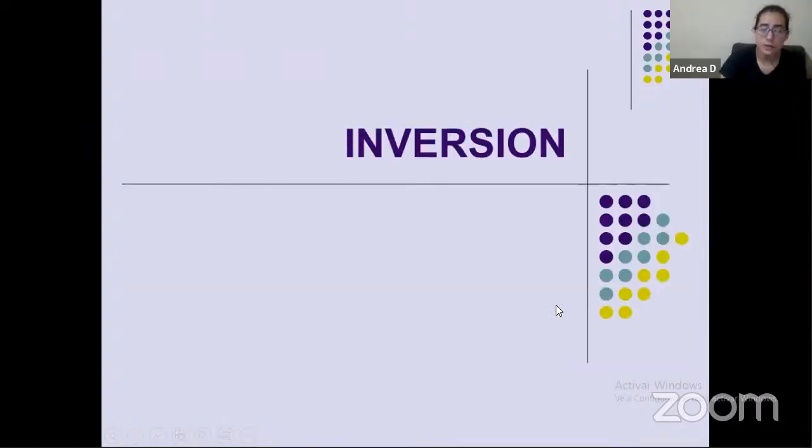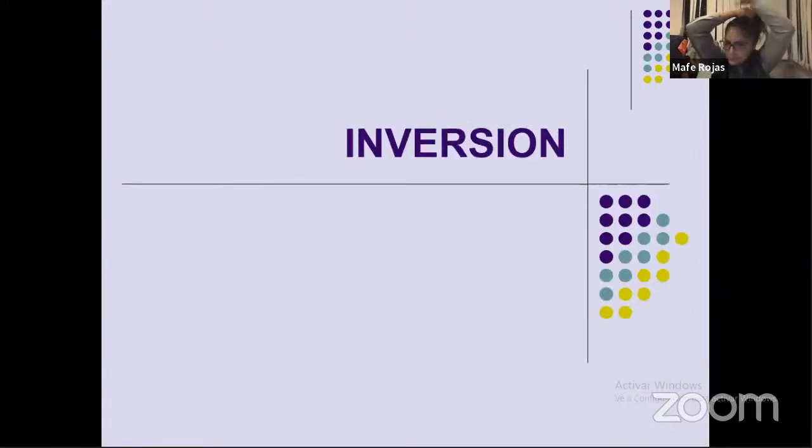So the first grammar point we're going to be looking at is this thing about inversions, which is a big thing here. And yeah, I didn't even know that there were so many uses and so many cases in which you can do this. So it's really interesting. Inversion of what?